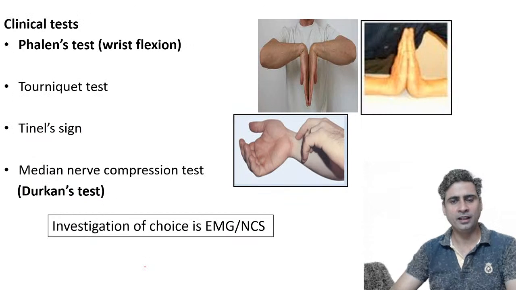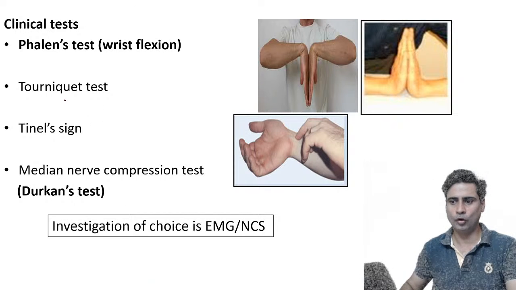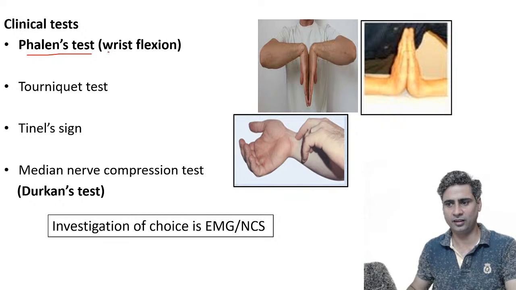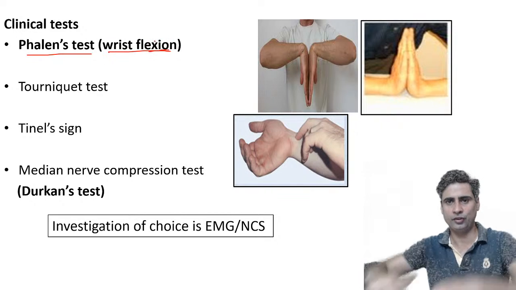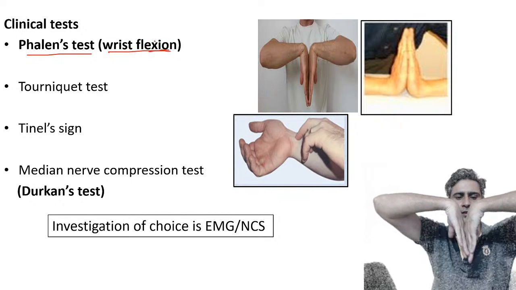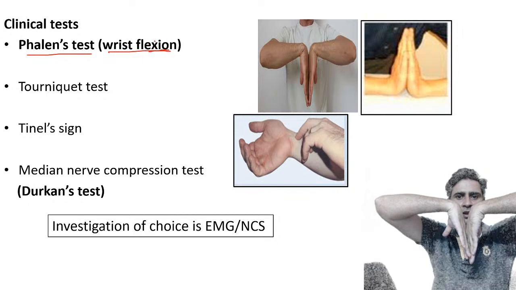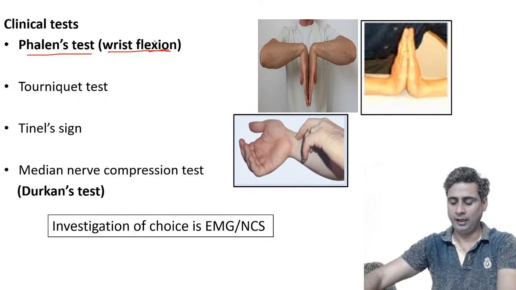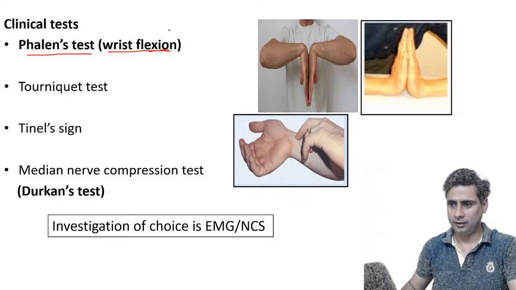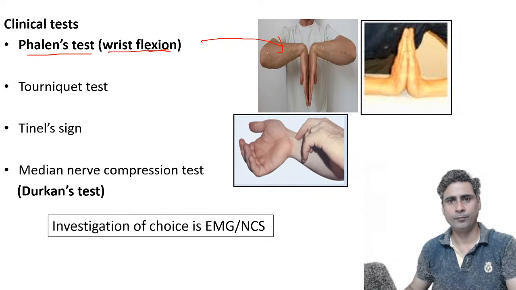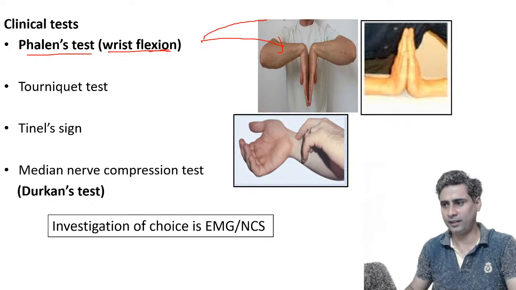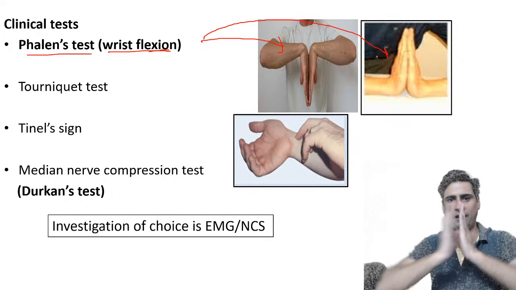There are a few clinical tests for carpal tunnel syndrome. Most commonly used is Phelan test, the wrist flexion test. We ask the patient to do palmar flexion of the wrist and keep it for 30 seconds to 1 minute. And this is Phelan test. The second is reverse Phelan test, dorsiflexion of the wrist.